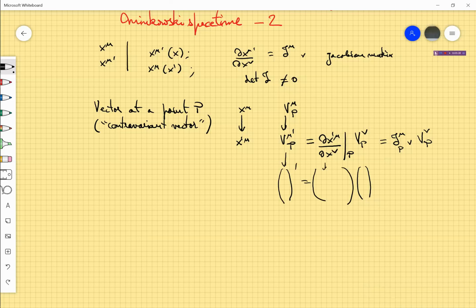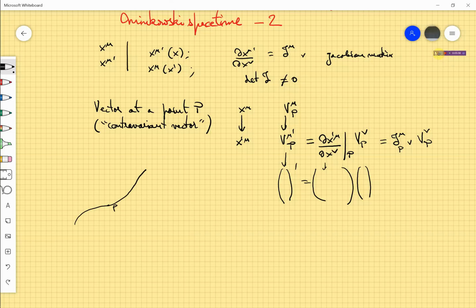So now we need an example, and the main example of a contravariant vector at a point is given by the tangent vector of a world line that passes by the point P. So suppose that we have the point P, and there is some world line. We don't care if it is time-like or whatever.